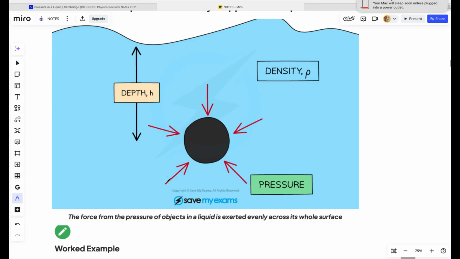You need to know this point, because in a multiple choice exam, they will ask this question. Pressure acts in all directions on any material in a liquid.